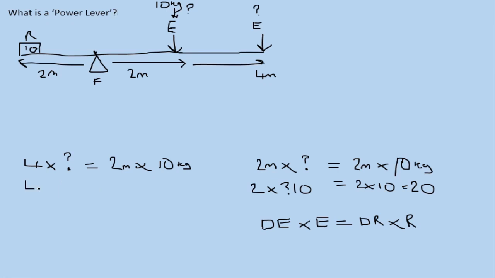So to expand that, 4 times something, I'm sure the mathematicians might give it X or Y or whatever, but I'm just going to give it a question mark. 4 times something equals 2 times 10. So 4 times something equals, what's 2 times 10? It's 20.